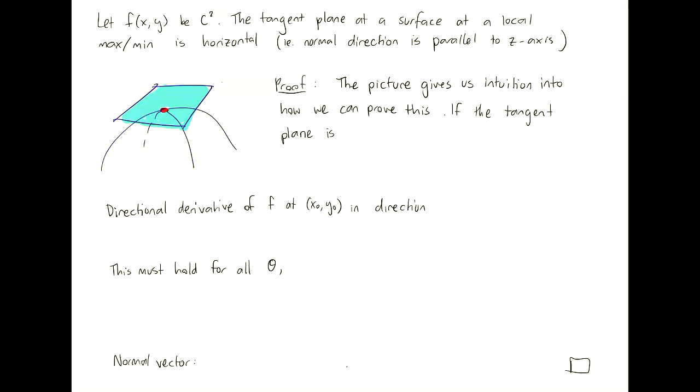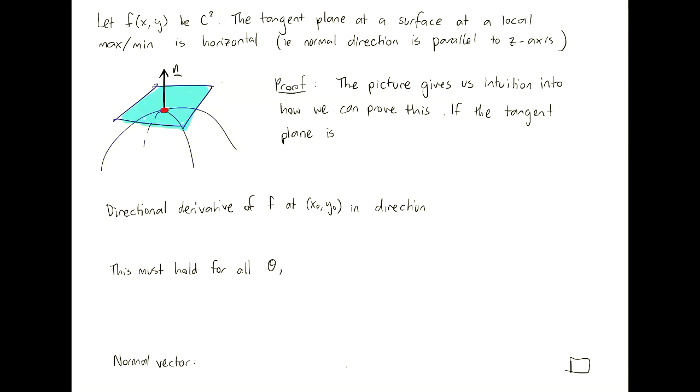And when I say it's horizontal, what I really mean is that the normal direction is parallel to the z-axis. We're going to do a lot of this theory as we put it together and the derivations in 2 dimensions, but we will talk about n dimensions as well once all of the 2-dimensional theory is in place. And I didn't just draw this picture because it makes the page interesting. It actually gives us some intuition into how we can prove this.